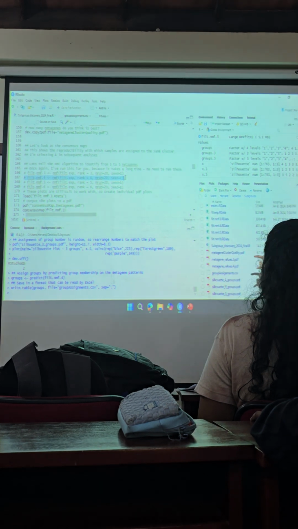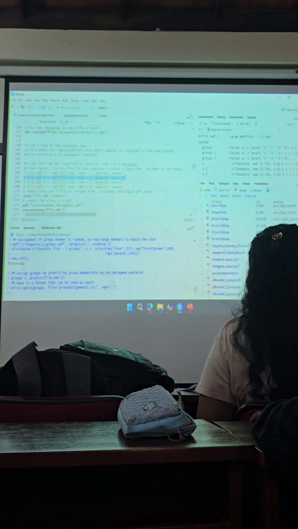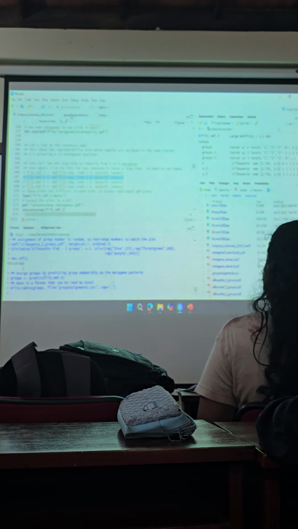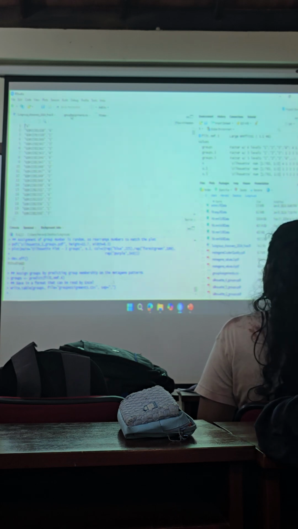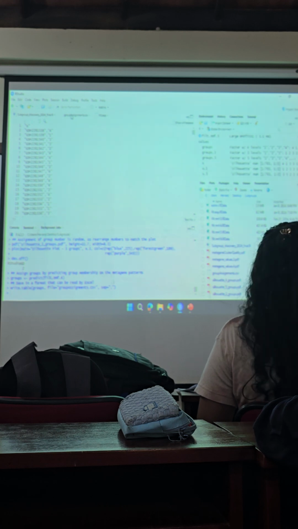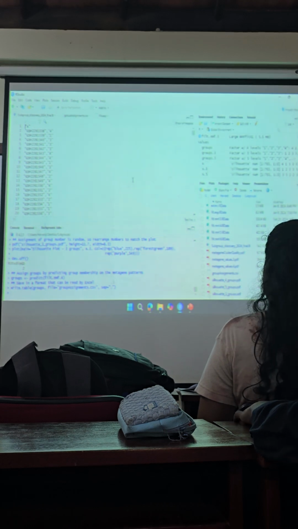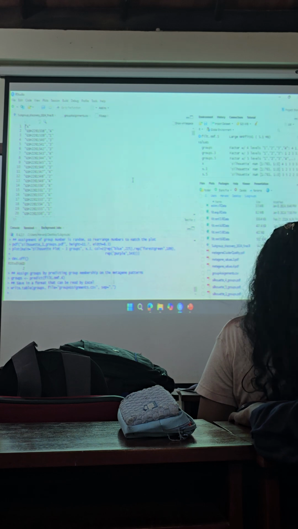That file we take and just convert it to a CSV file, which contains these assignments. This is what we want in the end. Any more questions? Okay, I'll move on to the next.